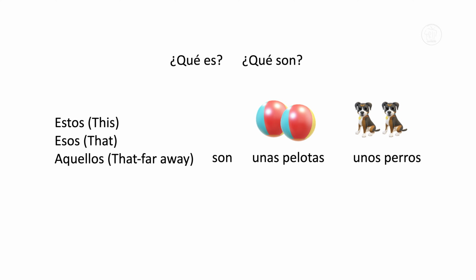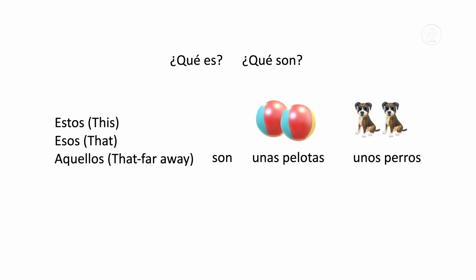Let's say it's near or they are near. ¿Qué son? Esos, those, esos son unas pelotas. Or esos, those, esos son unos perros. And lastly, we have aquellos, which is the plural for things that are far away. We use aquellos.